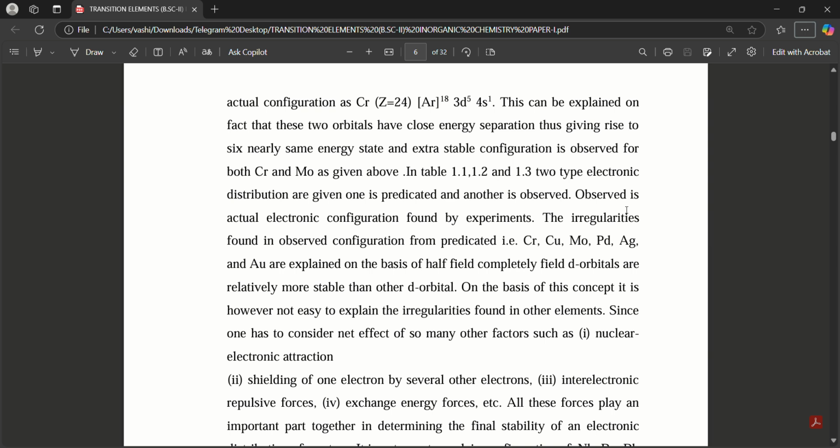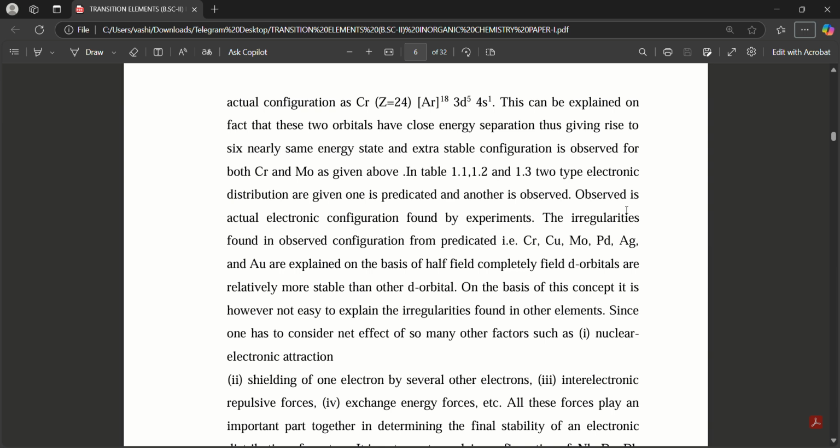The irregularities found in the observed configuration from the predicted one, in Cr, Cu, Mo, Pd, Ag and Au, are explained on the basis that half-filled and completely filled d orbitals are relatively more stable than other d orbitals.